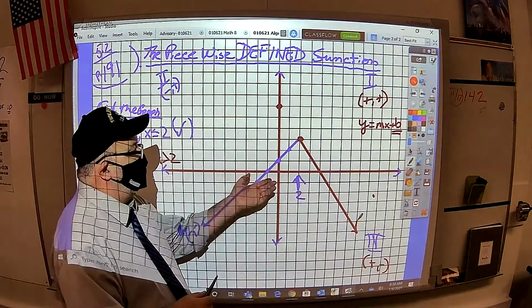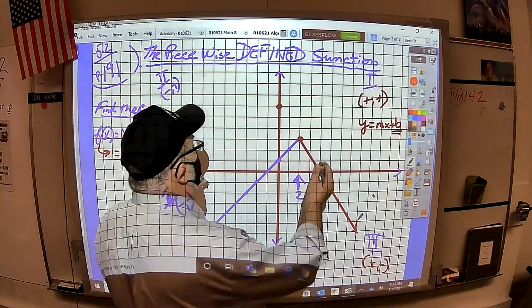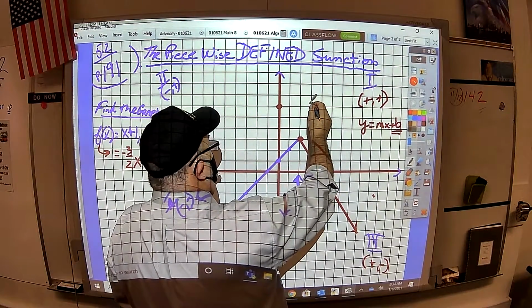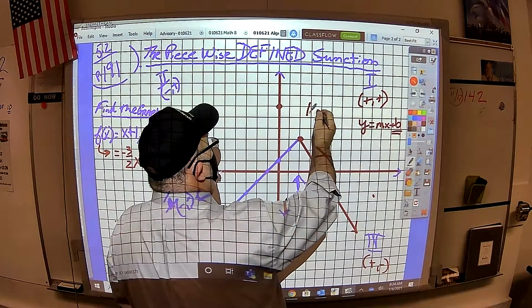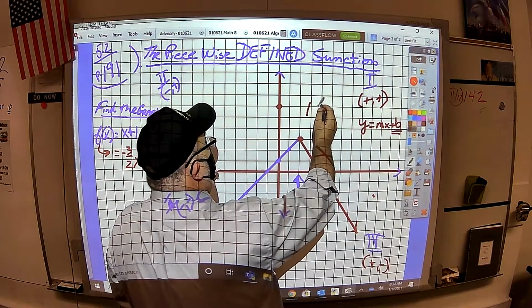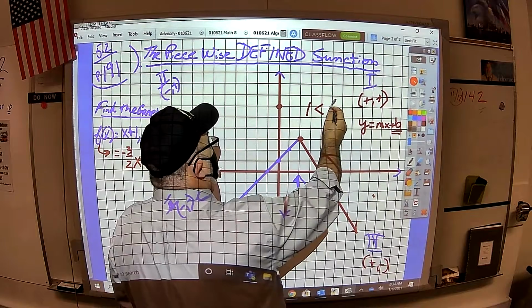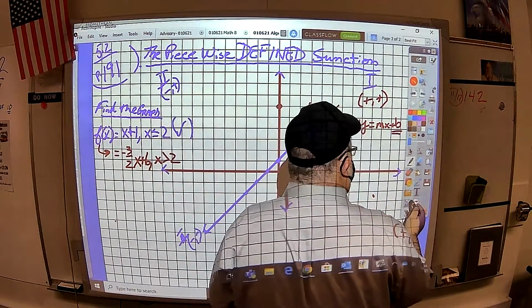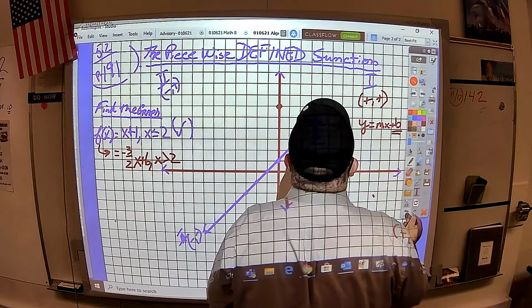Piecewise defined function in this case, if I said 1 is less than x, or whatever I'm going to use for that. Hang on, let's make a little bit more room.